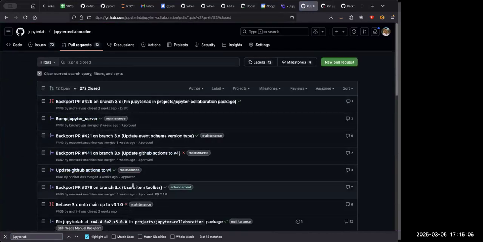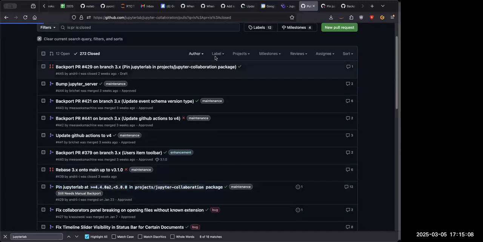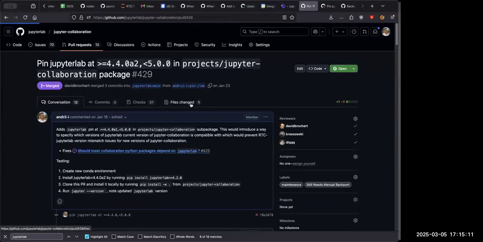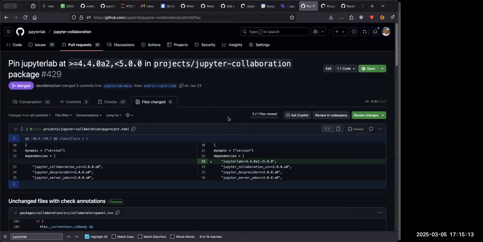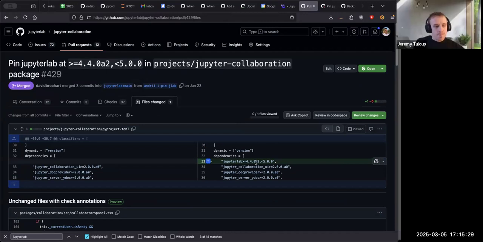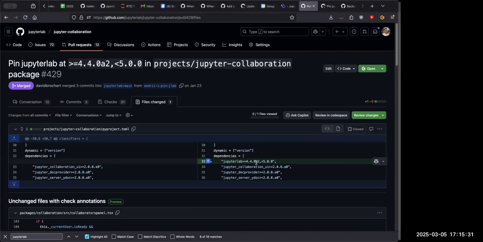Here it is. But this does make sense, right? Because we're adding the contents API. Yeah, I think so, yes. So if this makes sense, then the upper bound for the 3.x branch being 4.4 also makes sense.